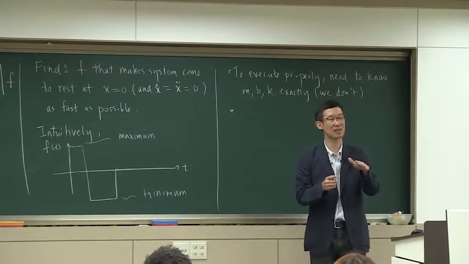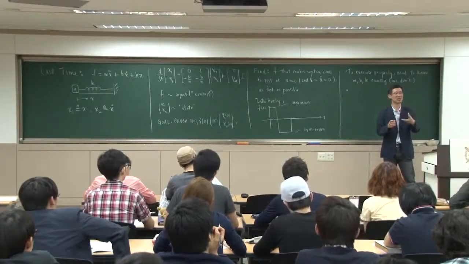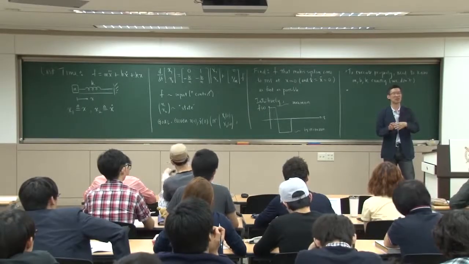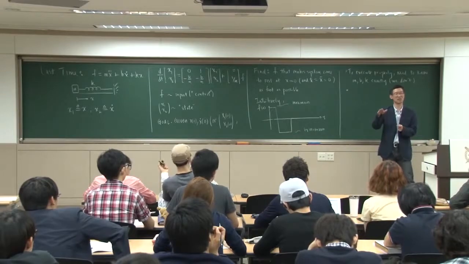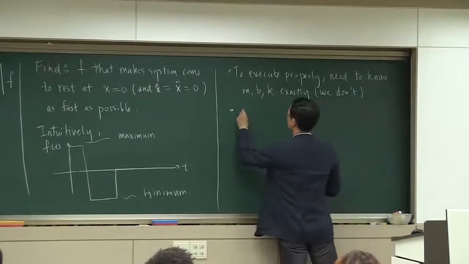Motors have limits. Actuators saturate, and it's not a good idea to have the actuator saturate all the time, to spin it at a maximum rate in one direction and the maximum rate in the other direction. It puts a lot of wear on the motor.